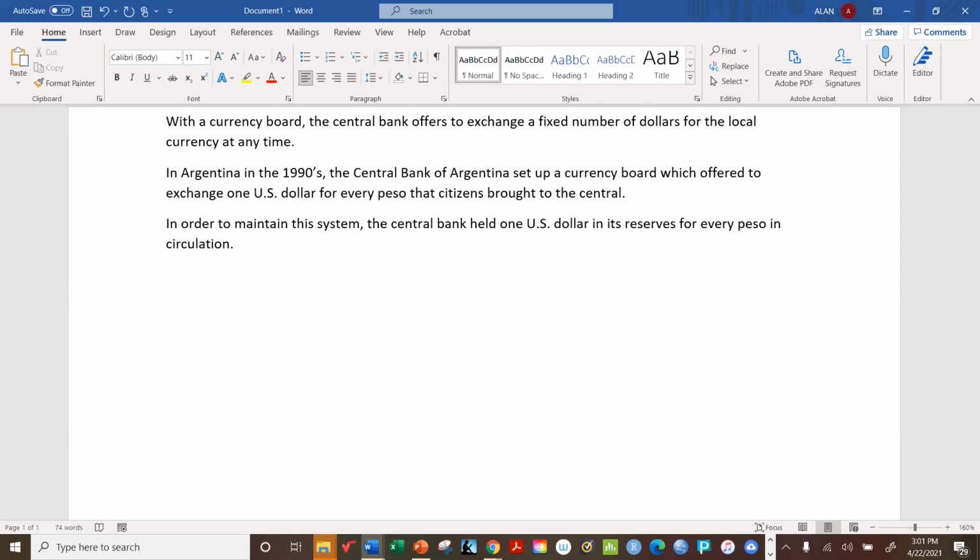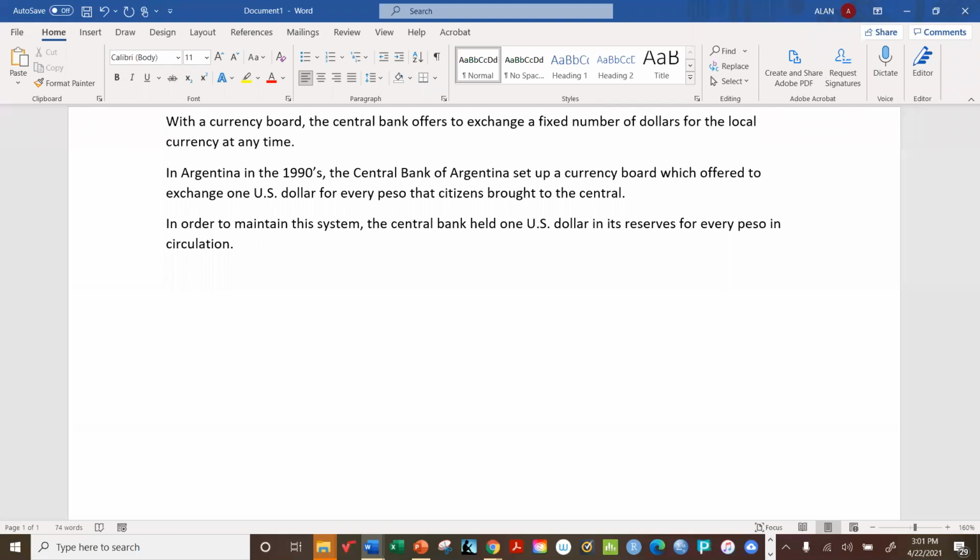So this is where it's different than dollarization. With dollarization, they would have just said, listen, everyone, we're getting rid of the peso. From now on, we only use dollars here. But instead, they kept the peso, but with the understanding that anytime anybody wanted to, they could trade their pesos for dollars at a rate of 1-to-1.